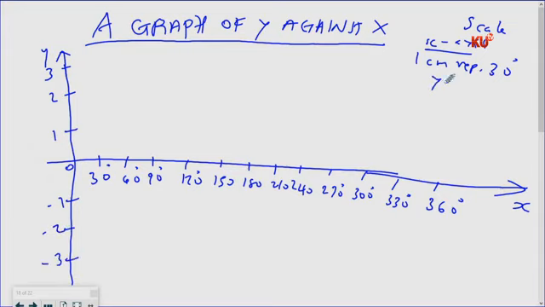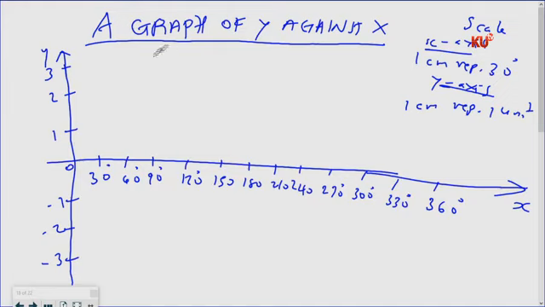So on the y-axis, this is my scale. 1 centimeter is representing 1 unit. So I've just skipped one box here. I'm assuming that this is my 1 centimeter to represent 1 unit.